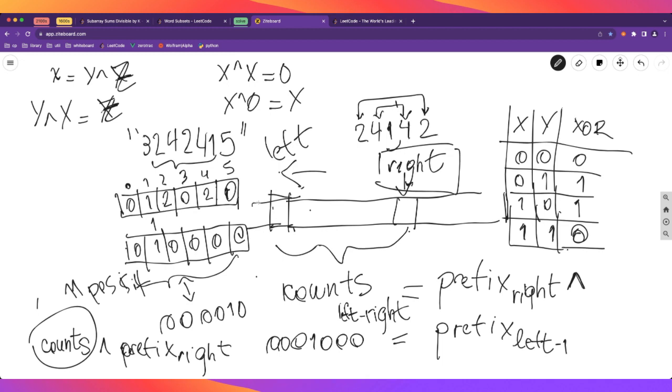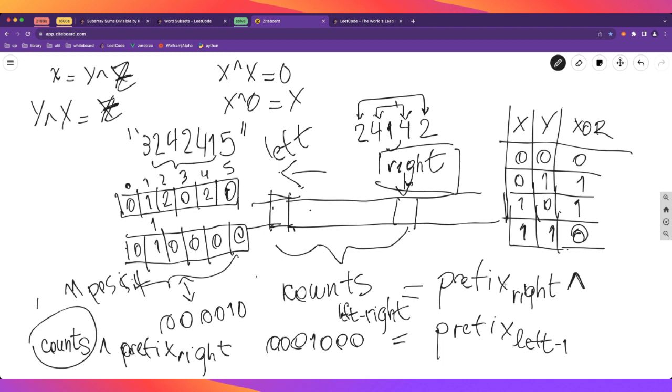And then I explained how you could quickly figure out the counts for a range determined by a right pointer and a left pointer, without going over the range.